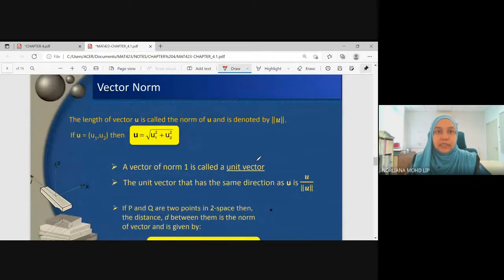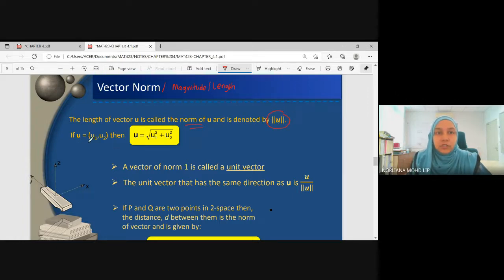Okay, next is the vector norm. The vector norm is the magnitude or length of a vector. The length of a vector U is called the norm of U, denoted by this symbol.